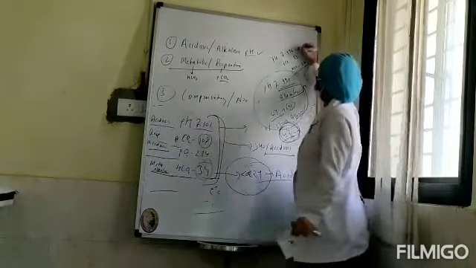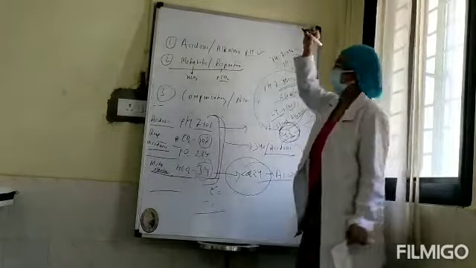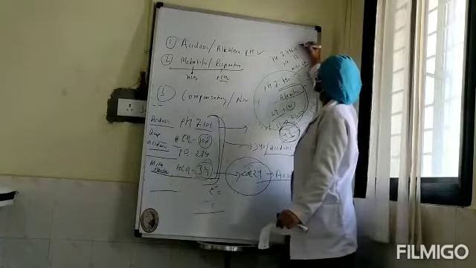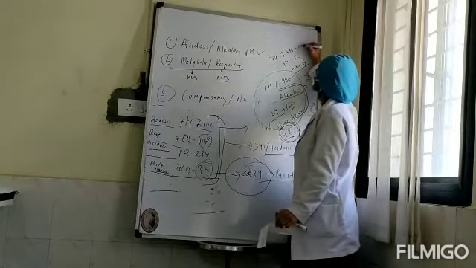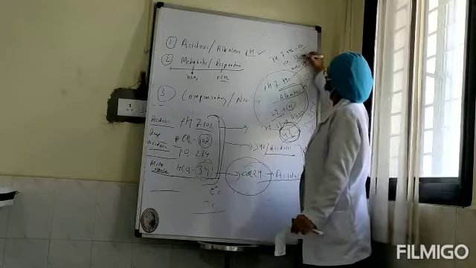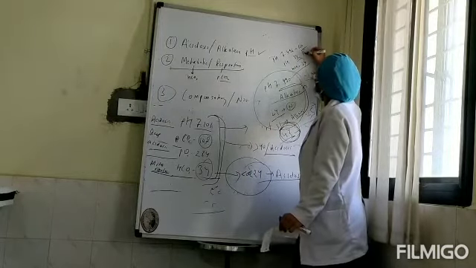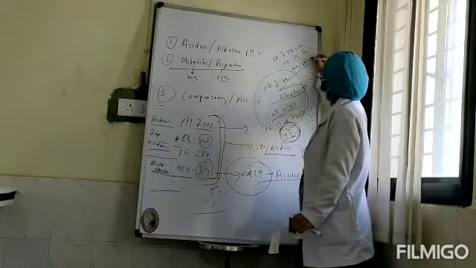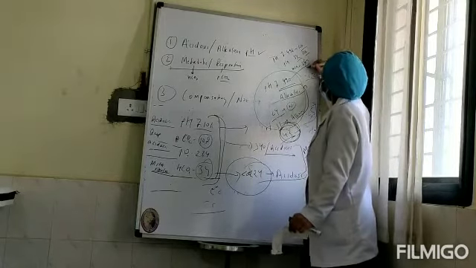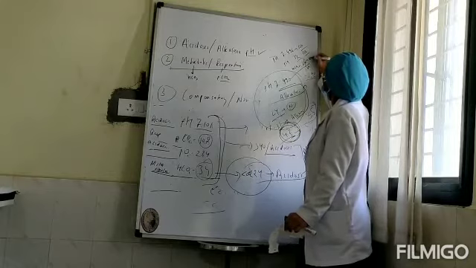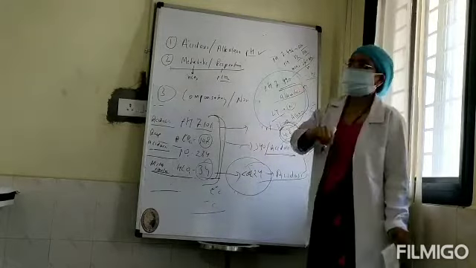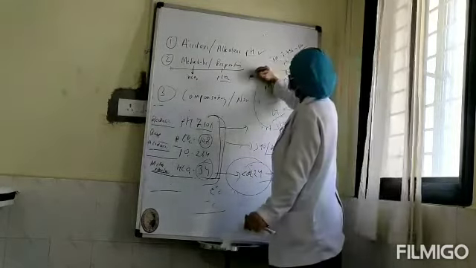What is this? First step, go step by step. Respiratory acidosis, alkalosis? Absolutely right. CO2 less or more? Less. So this is alkalosis. And bicarbonate is less or more? More than 24. So this is alkalosis. Mixed alkalosis.